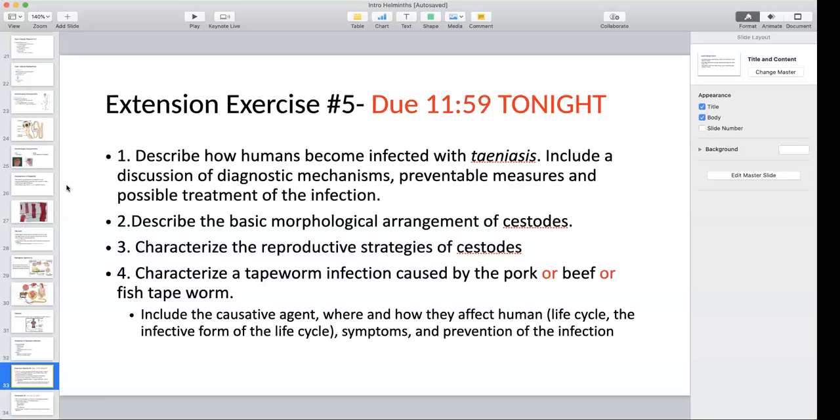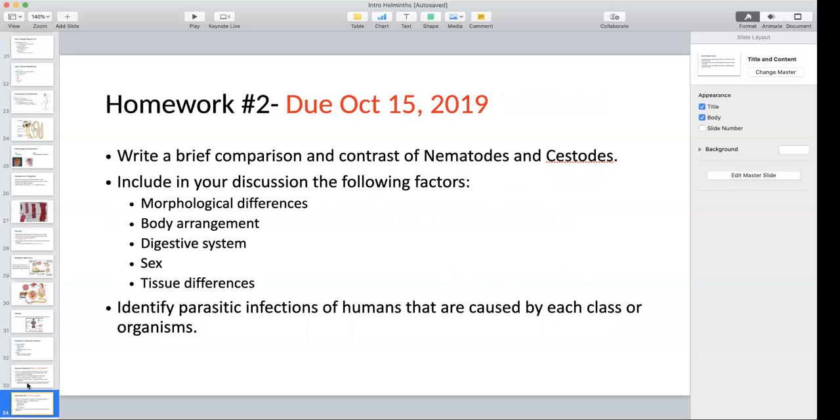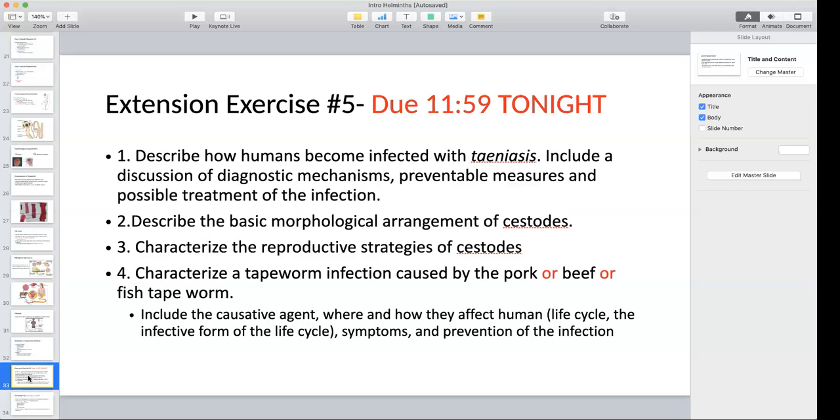You should also be working on your article critique. Your article critique will be submitted next week before you complete your midterm. So you have two things tonight. I'm going to post this PowerPoint into Blackboard.